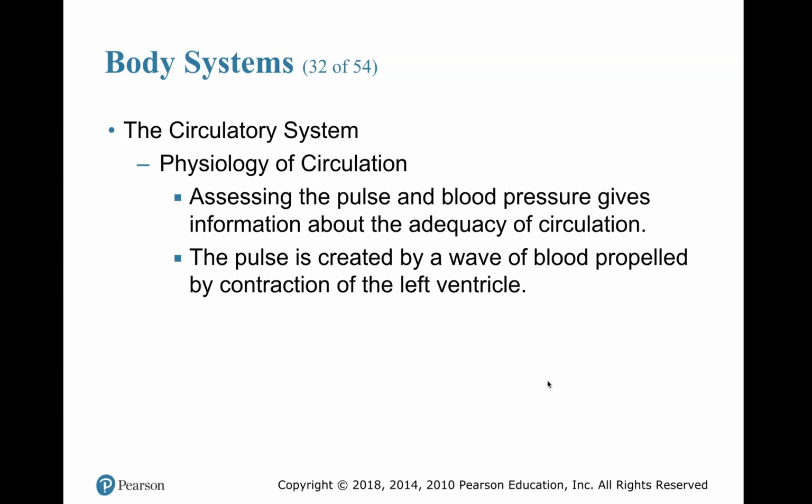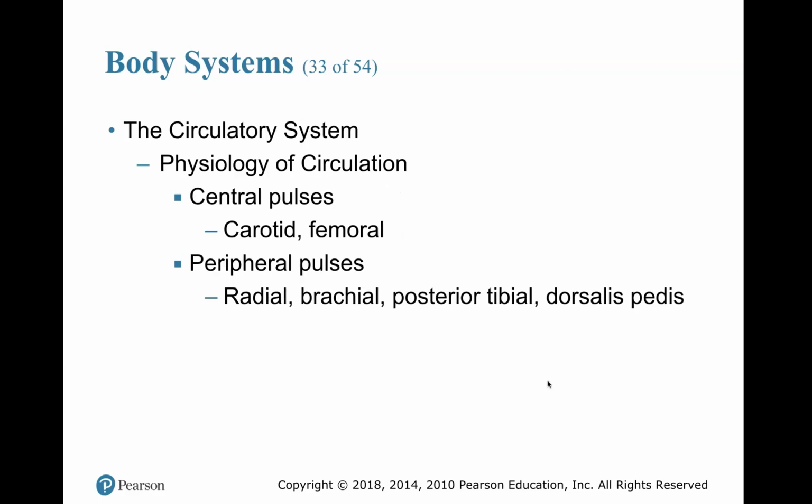We can also check the femoral pulse, which is a central pulse, but also a pedal pulse, the dorsalis pedis, on the top of our foot. We have a pulse down there as well, because blood flows all the way to our toes. Those are distal peripheral pulses, and if we have good pulses there, then we're doing pretty good. Or our patients are.